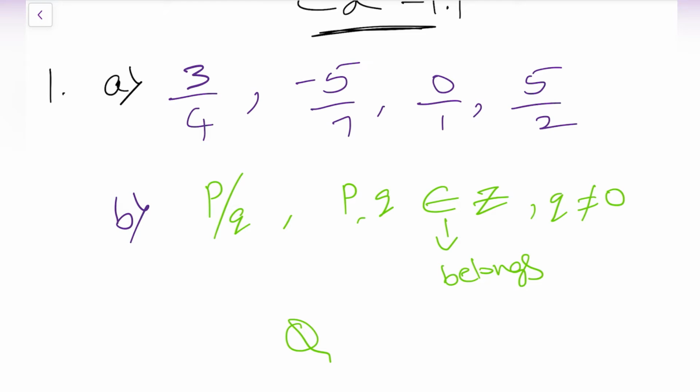Next, let us move to the second bit. In the second bit, he is asking, give one example for each of the following statements. First question in that is, a number which is rational but not an integer.